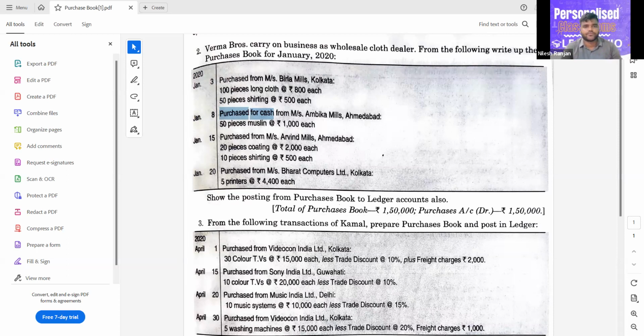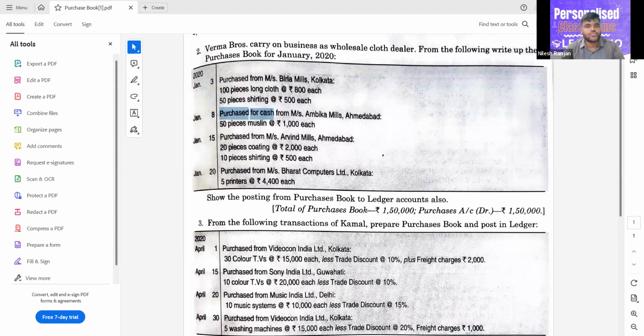Purchased computer. Oh, printers. Yes, it is printers. We are doing the business of cloth. Okay, sir. So it won't be recorded. Yes, this is a purchase of assets.